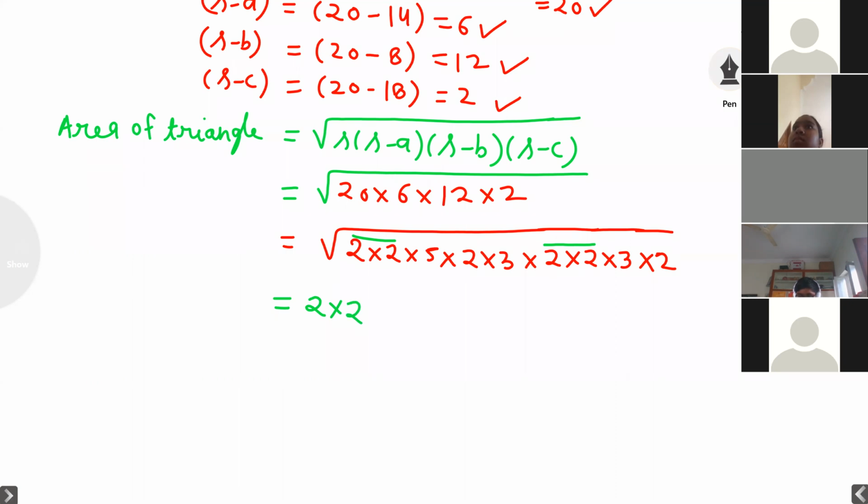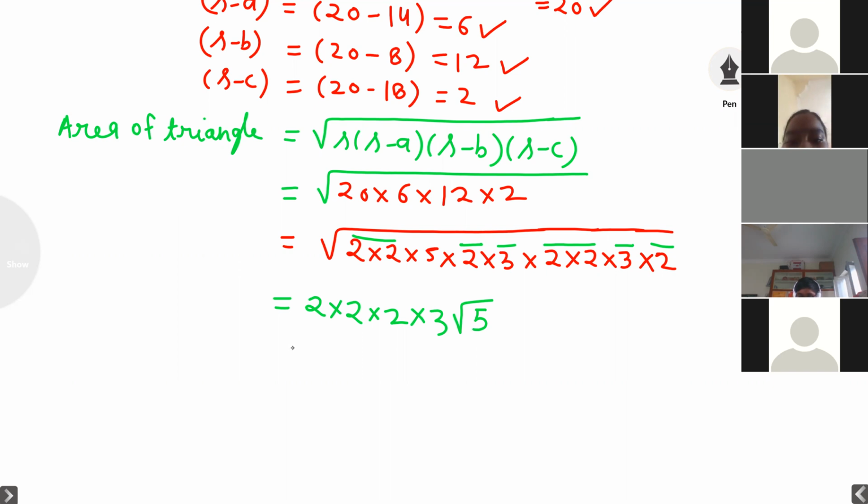One 2 is remaining here, and one 2, this also came outside. What is remaining here? Now one 3 is also here, and one 3, this also came outside. Now what is remaining? 5, square root of 5. When you are bringing outside, students, then you will never keep a square root symbol.